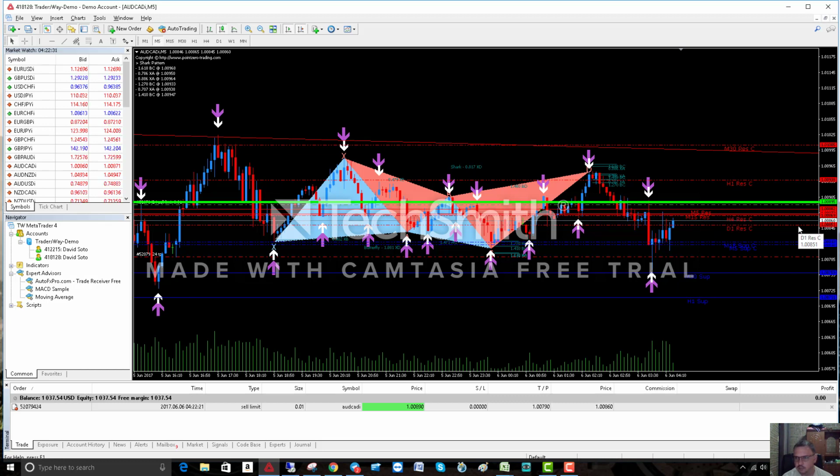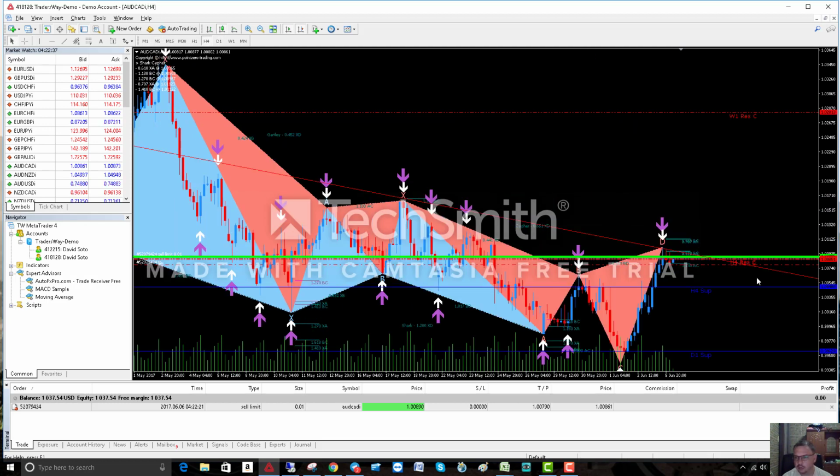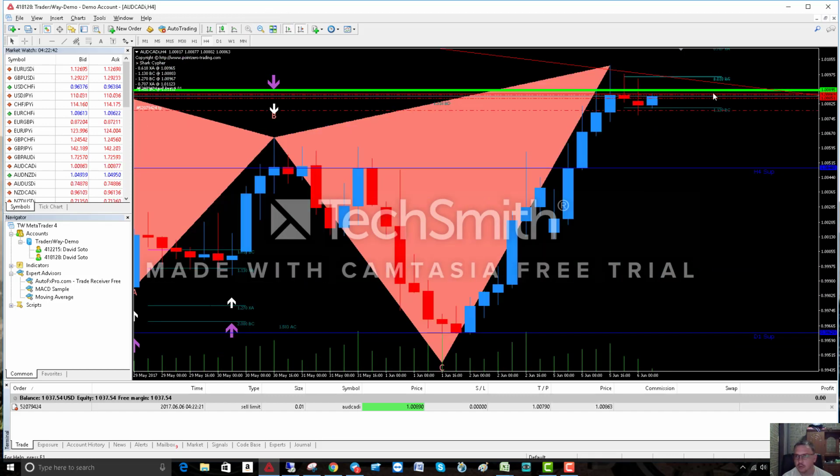So let me go to a higher time frame and get rid of some of these lines. Back to the 4 hour. So when this red line here touches that, it will trigger that order, and then it will come down and hit this take profit.